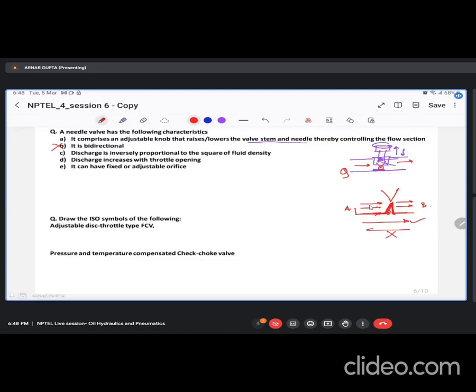Discharge is inversely proportional to the square of fluid density. No, it is inversely proportional to the root over of fluid density. Right.